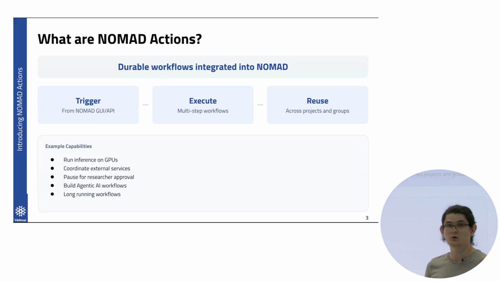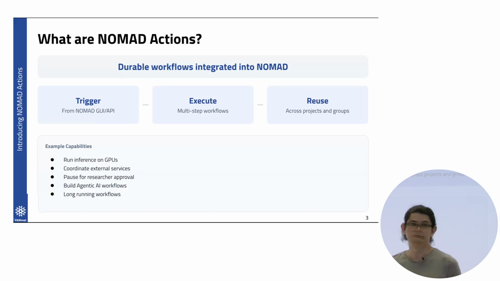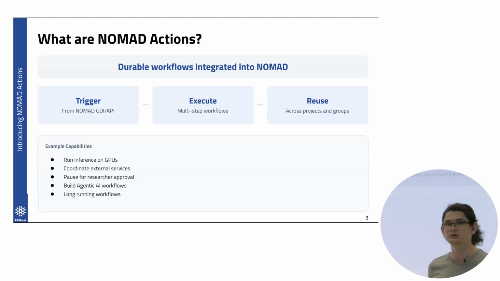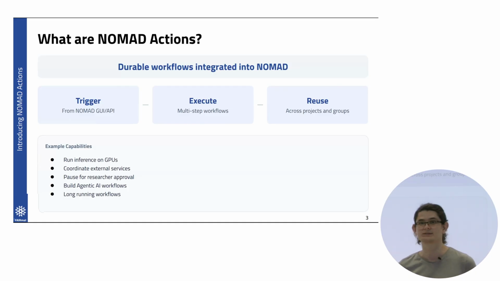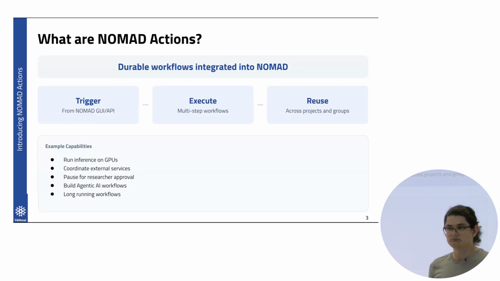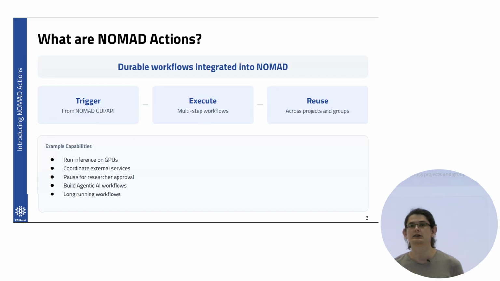Both the results and the workflows can be reused by the same user, by different users within a group, between different projects, doesn't matter. The example use cases are any kind of long-running calculations, any kind of analysis that requires external APIs, external services.